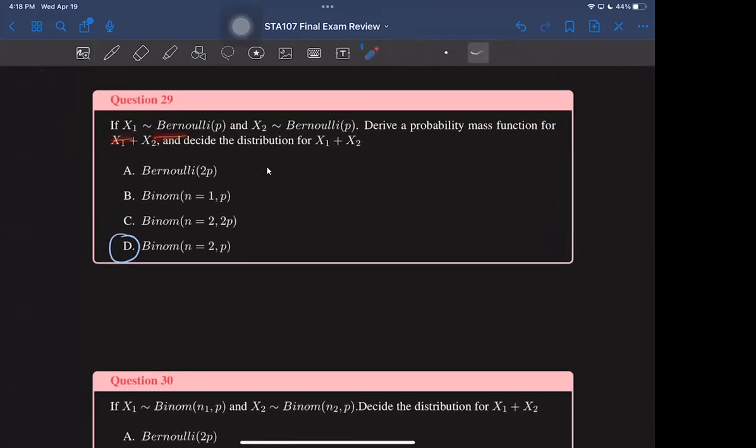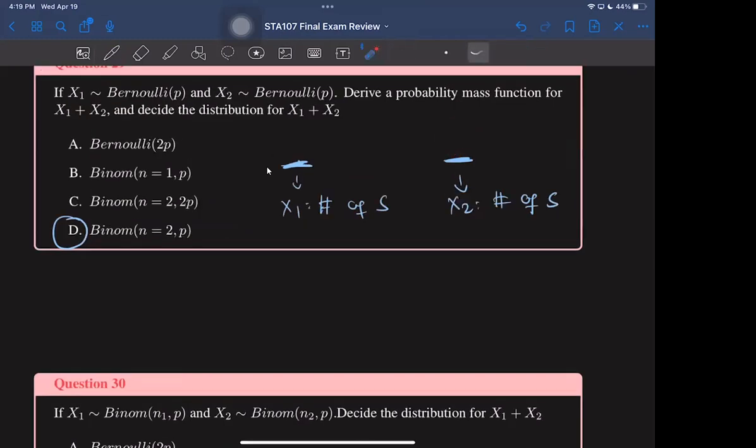X1 follows a Bernoulli distribution with parameter P. So you can think of X1 as a Bernoulli trial, you have exactly one Bernoulli trial, and this is either success or failure, and the number of successes is denoted by X1. X1 is the number of successes in this one trial. And also you have another trial and you have X2 denote the number of successes in this trial.